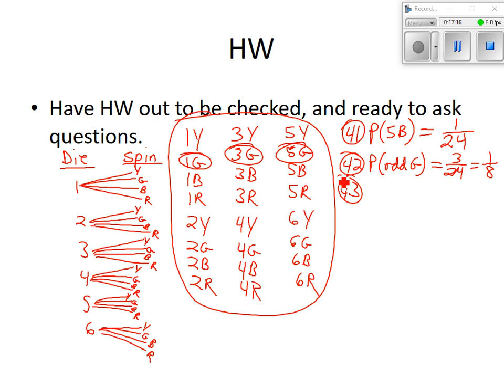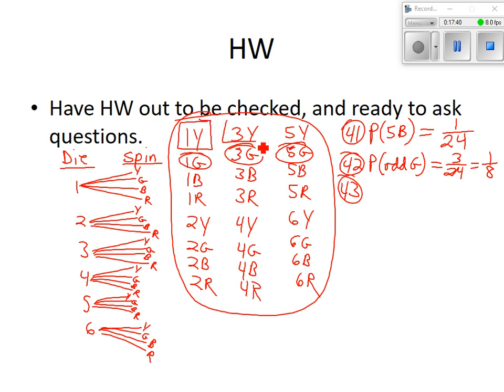43, what's it say? Rolling a number less than 6 and it landing on yellow. So now the only bad thing with doing it this way is I've already circled some of them. Those don't count anymore. So we want a number less than 6 and yellow. Which ones are that going to be? 1 through 5.